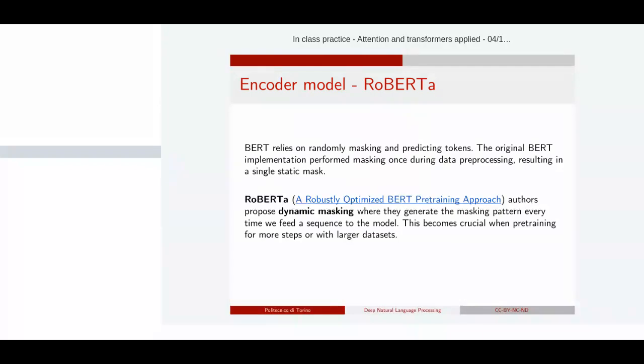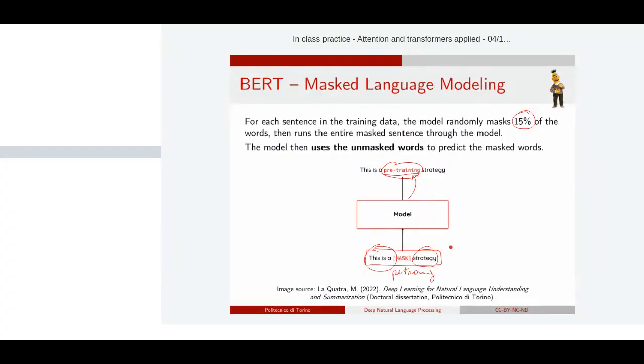An evolution of the original BERT model is RoBERTa. It's actually the same exact model as BERT. They only change some hyperparameters, so the dimension of the model, the dimension of some vectors, and so on. But they also propose dynamic masking. The masked language modeling that I proposed here was done only once for BERT, during the pre-processing of the text.